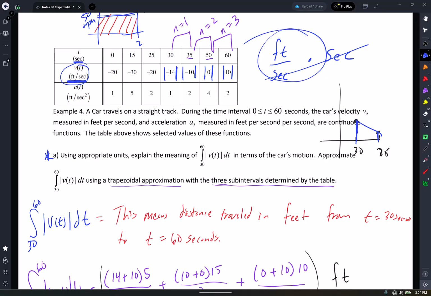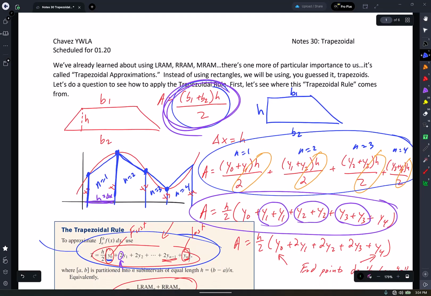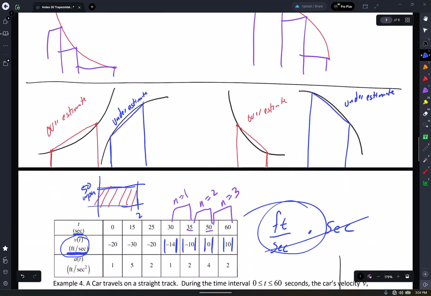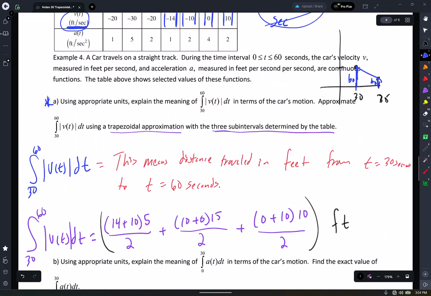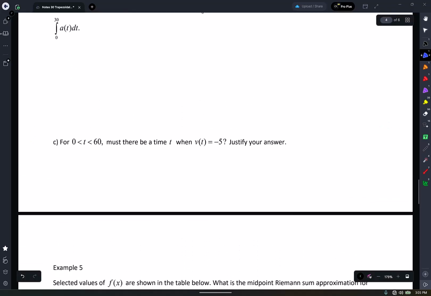Because the way it looks, base 1, base 2, it looks like this. So as long as my trapezoids look like this, your vertical displacement is your base. So it's always going to be the y values. Always. You got it? Good. Okay, I'll stop.